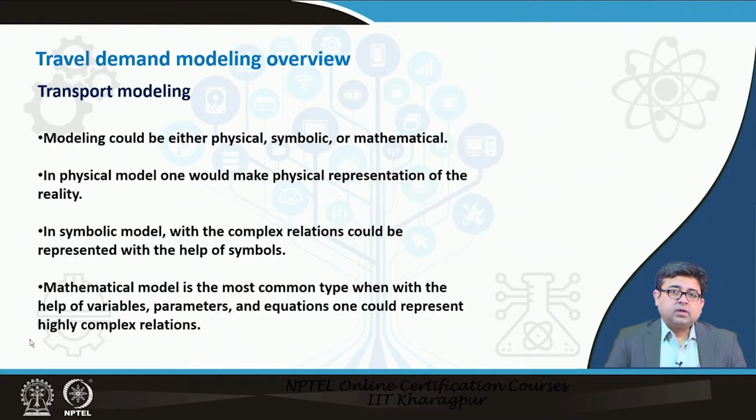You can have a symbolic model which describes a complex system using different symbols, or you can have mathematical statistical models which, by the use of equations and different types of parameters, try to explain how a system works. When we are talking about transportation modeling, we are essentially talking about mathematical models.